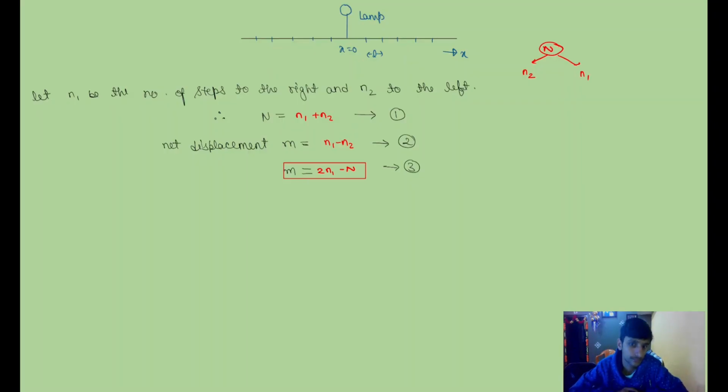Yes, of course. Now let's assume something. Let's say N is an odd number, like 1, 3, 5, and so on. Therefore m will become 2n1 minus N, meaning m is also odd.